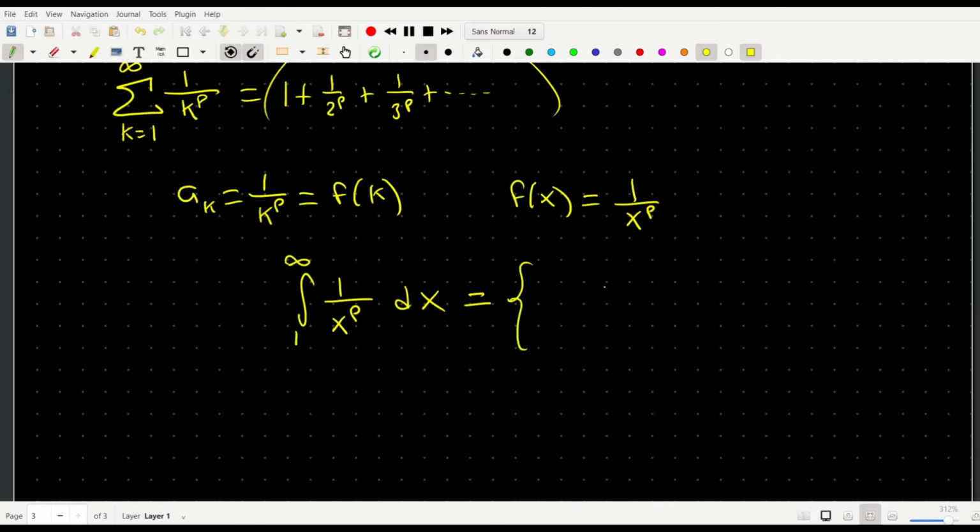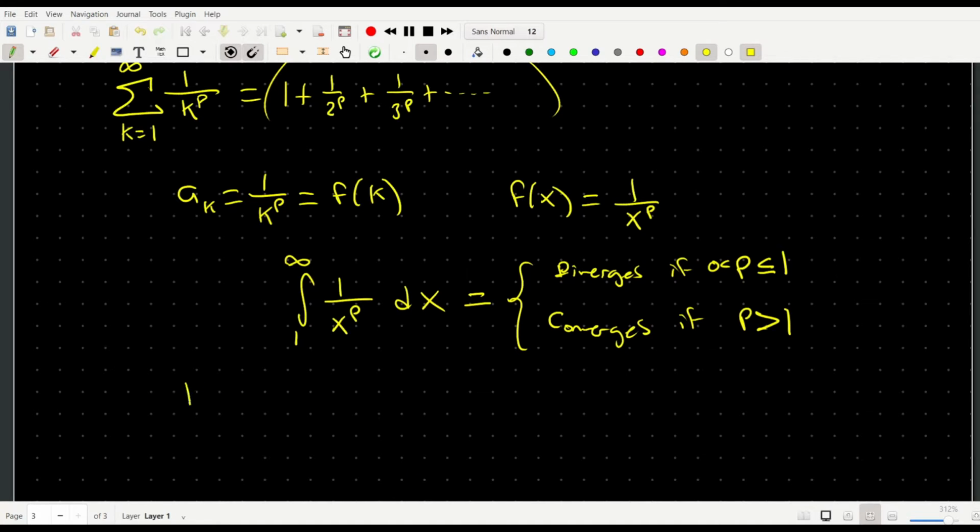So it diverges if p is less than or equal to 1, between 0 and 1, and it converges if p is greater than 1.